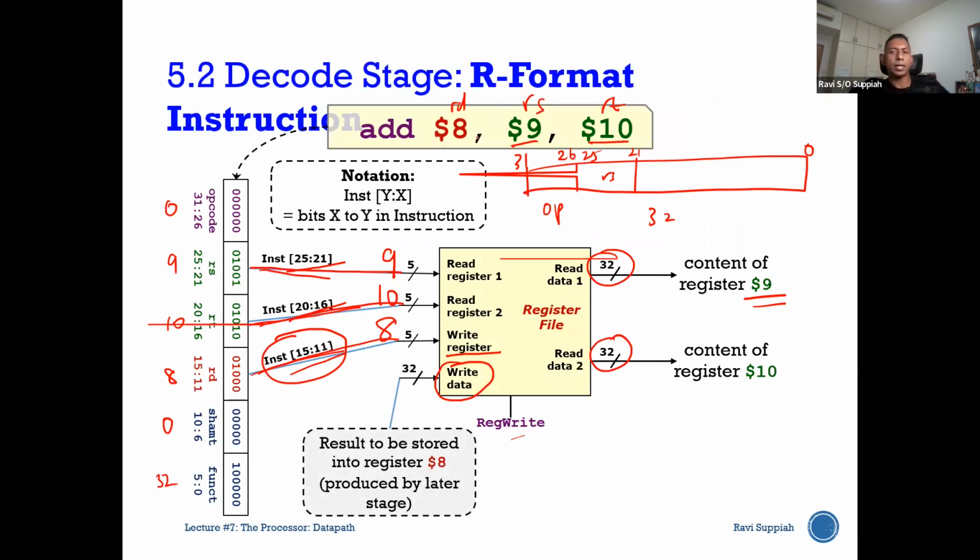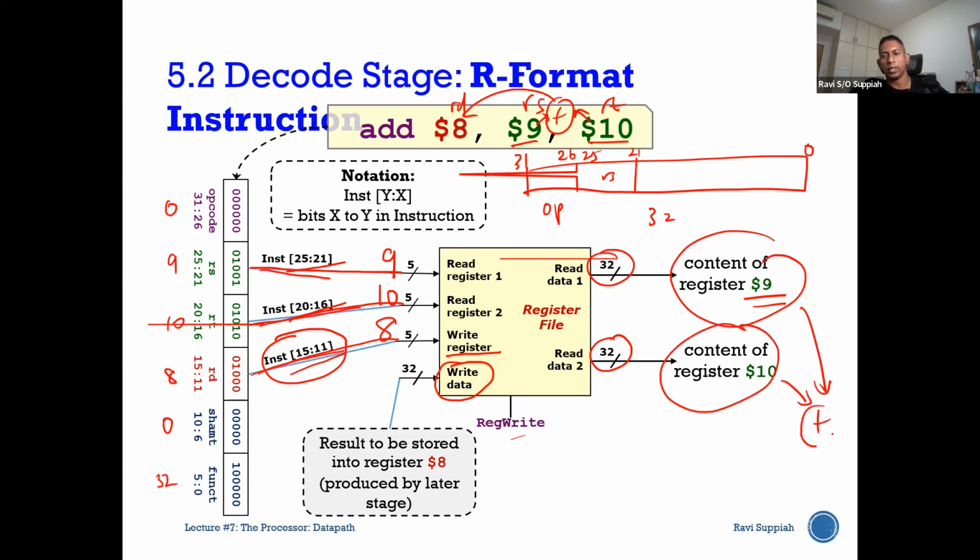When I look at the R-type instruction, with this add instruction, I am supposed to take content 9 and content 10, add together and put into register 8. That means this data and this data are supposed to go to the next stage and do the addition. So I can directly take from the two outputs of the register file.